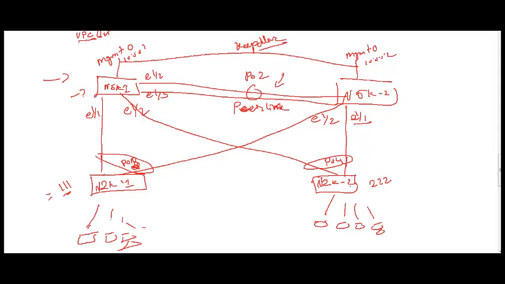So when I do VPC for this link and this link, that is going from one bundle. When I do VPC, that should be EtherChannel or VPC using port channel 3.